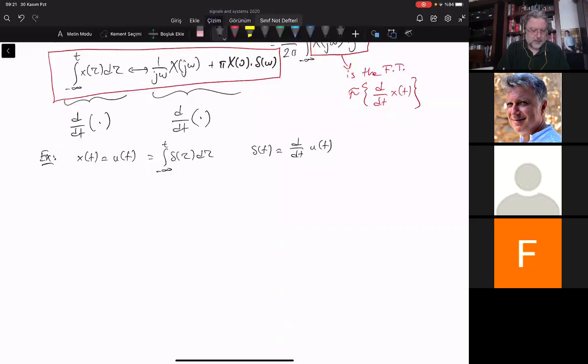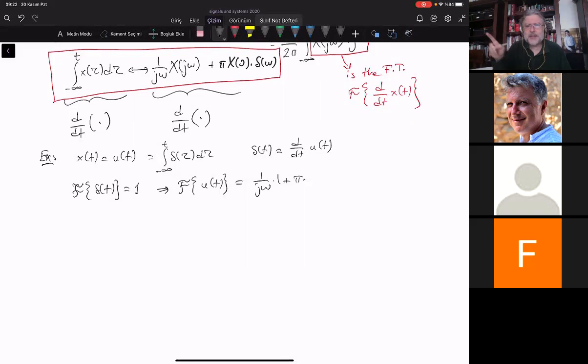So let's try to find out the Fourier transform of a unit step function, because we know that the Fourier transform of the impulse is equal to 1. Okay, we have seen it in our previous examples. If it is 1, then the Fourier transform of u of t, or x of t, which is equal to u of t, would be equal to 1 over j omega times 1, which is 1 over j omega, plus pi times the Fourier transform of the impulse at 0, x of j omega at 0.